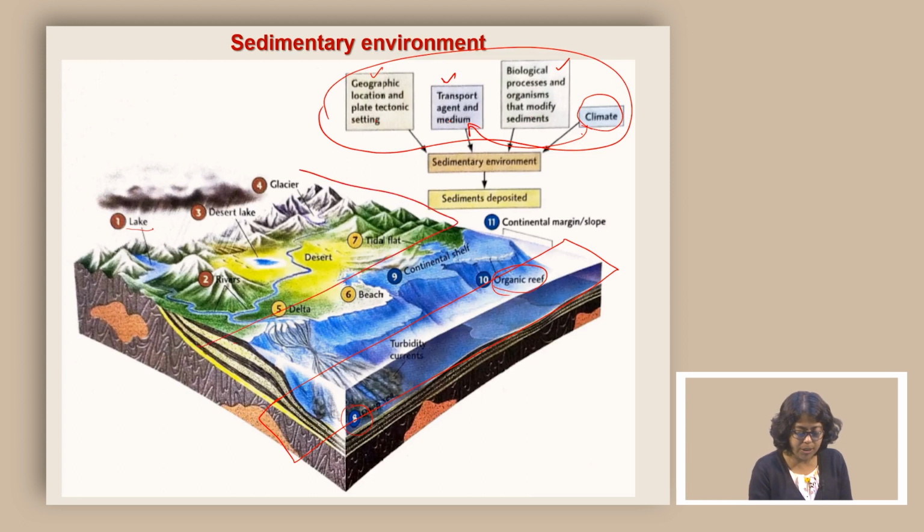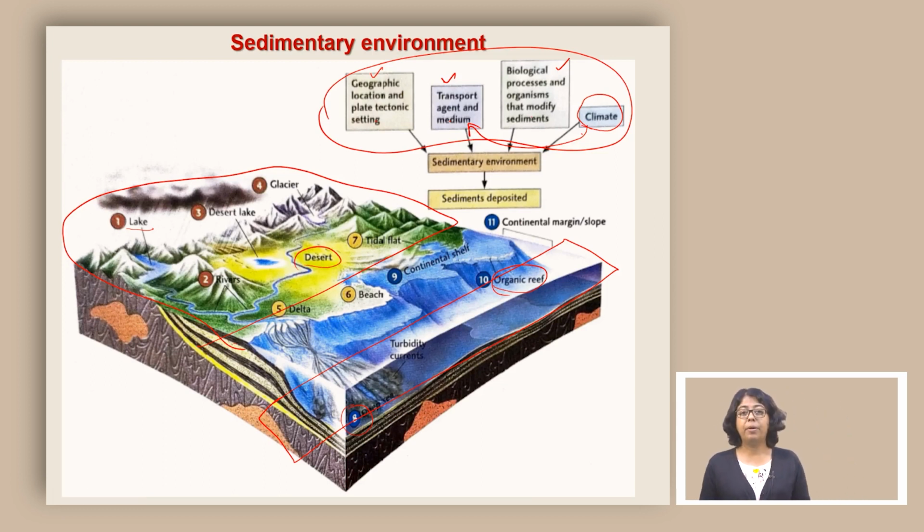In the continent we can have all kinds of variations such as rivers and how they are carrying the sediments and depositing the sediments before coming to the ocean. There can be deserts. These deserts are moving sediments quite a bit, primarily through the agent of wind, and changing the landscape.